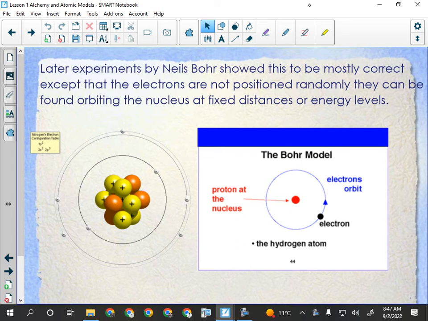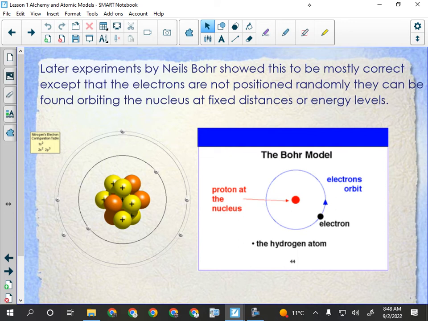Then, 2,000 years later, people are doing experiments that are finding that the behavior of matter says that there might be something to this tiny particles idea. So John Dalton comes up with the atomic theory and his 4 points, okay? The first one being Democritus' idea that all matter is made of tiny indivisible particles called atoms.